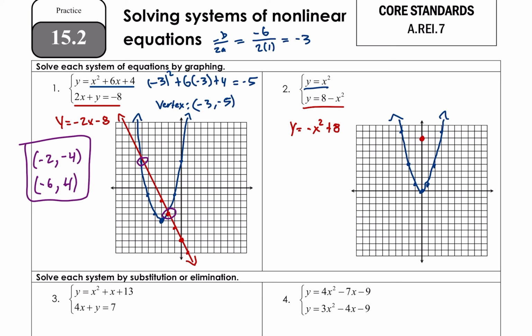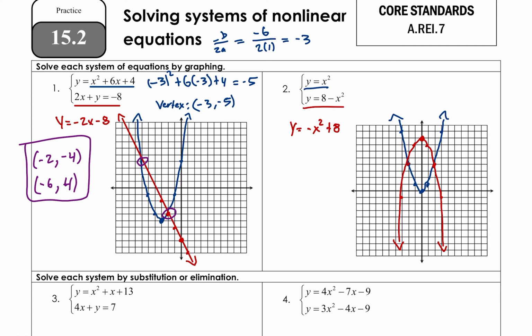Then I'll continue my growth pattern, but I'll do it downwards because of that negative. So I'll go 1, and then 3, and then 5. Now that I have that, I can draw my quadratic like this and like that.